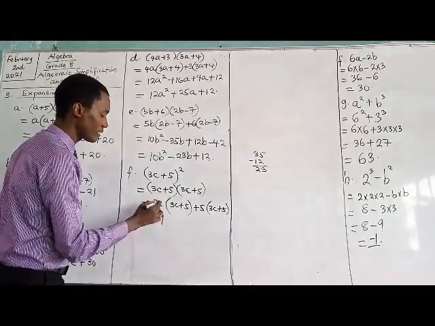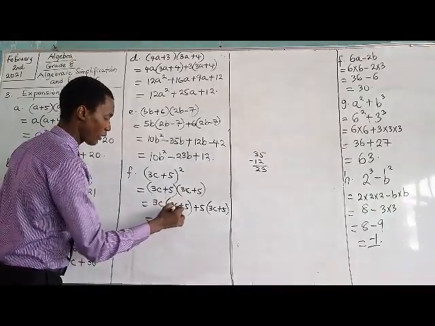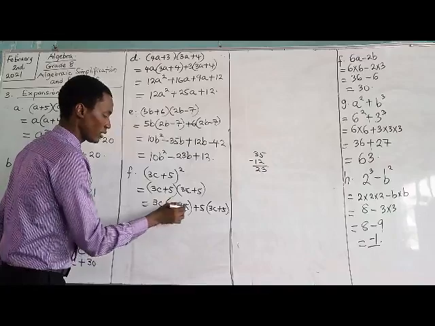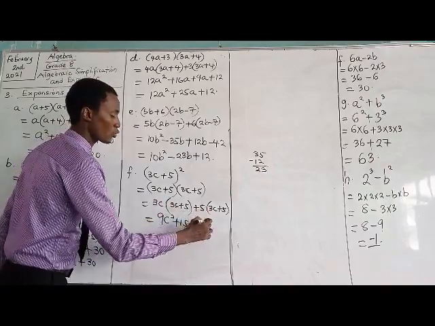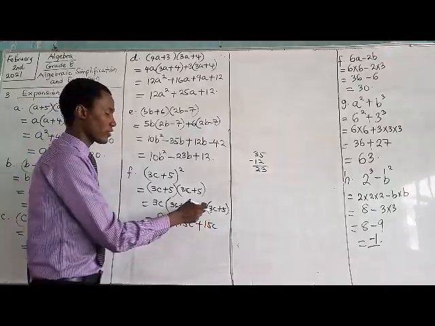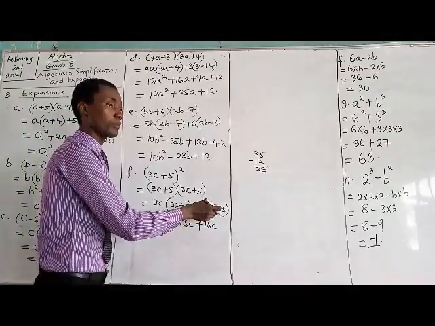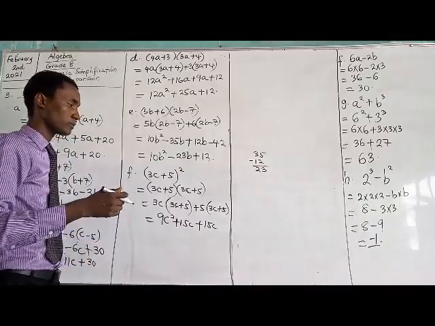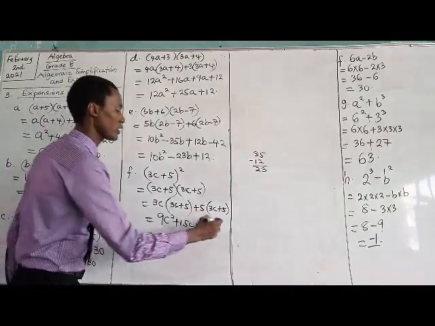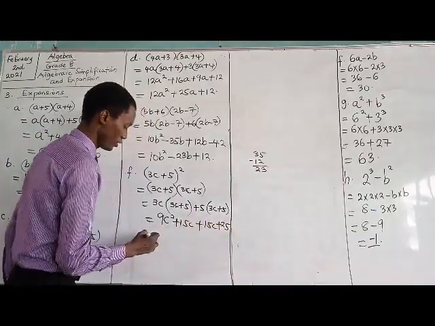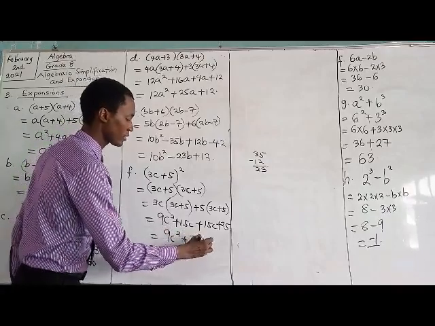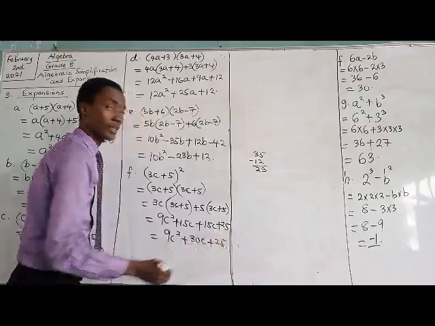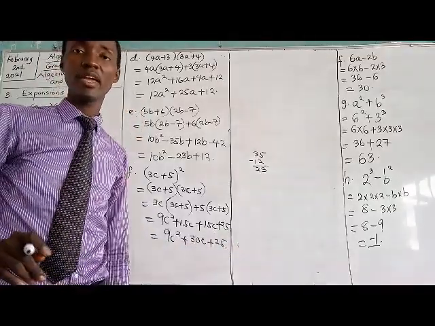This will give me 9c squared, plus 15c. How did I get that? 5 times 3 will give me 15. Plus 15c and then plus 25. So adding that will give you 9c squared plus 30c plus 25. And that will be the answer for question F.